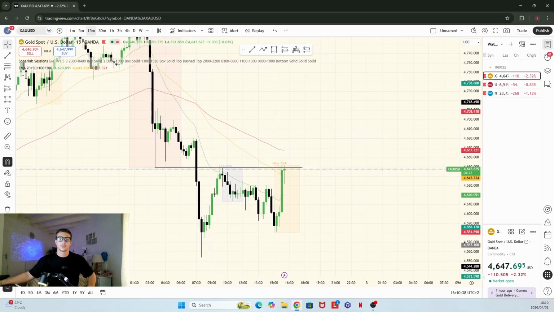It is crucial that you use these numbers to get the correct liquidity times and session times, so that you can mark out your buy side and sell side liquidity correctly.